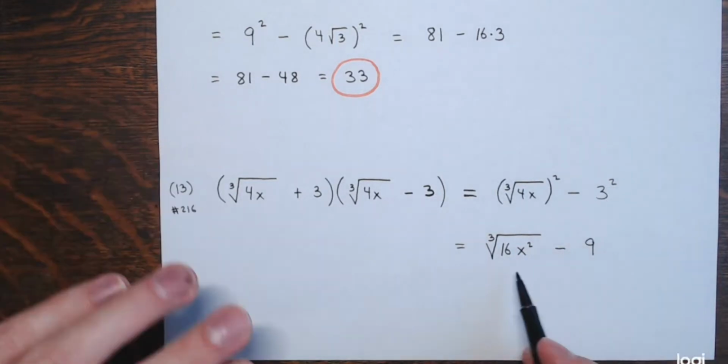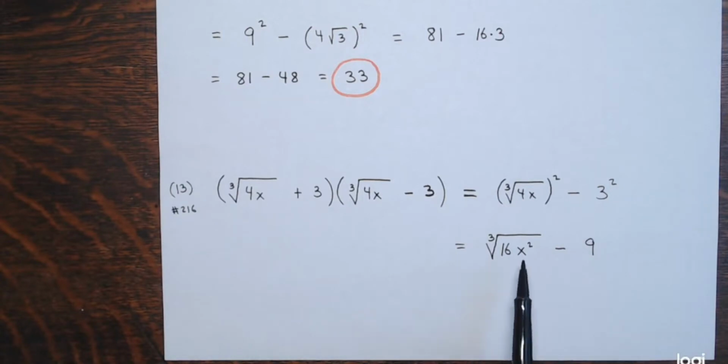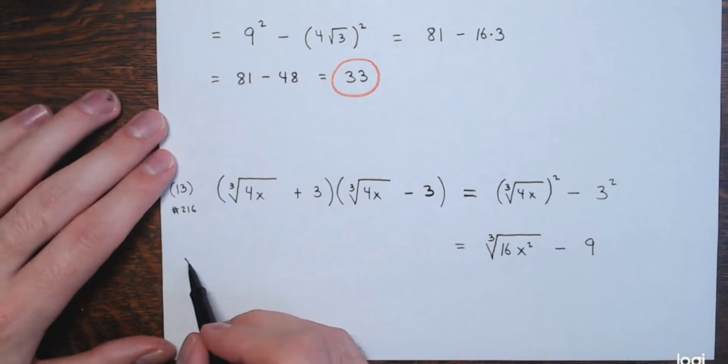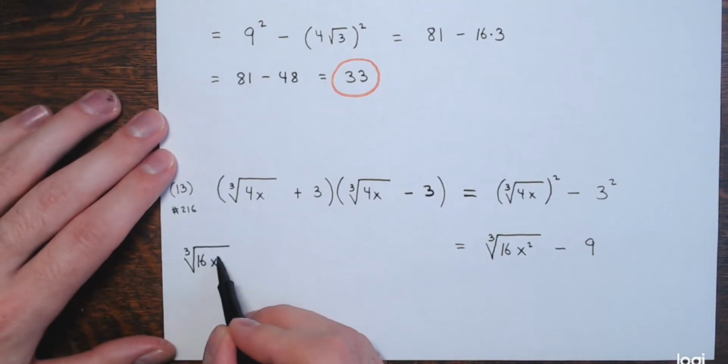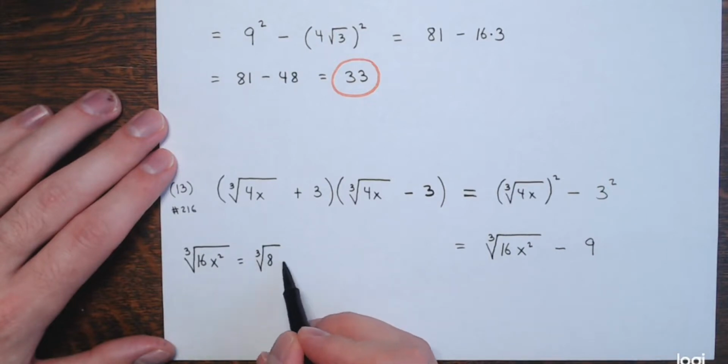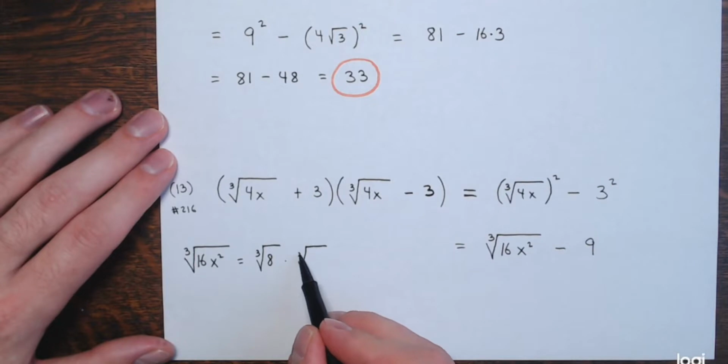And this is great and everything, but this radical is not totally simplified. Because I'm taking a cube root here, there is a perfect cube that goes into 16x squared evenly, and that would be 8. 8 is 2 cubed. So off to the side here, the cube root of 16x squared would be the cube root of 8 times the cube root of 2x squared.